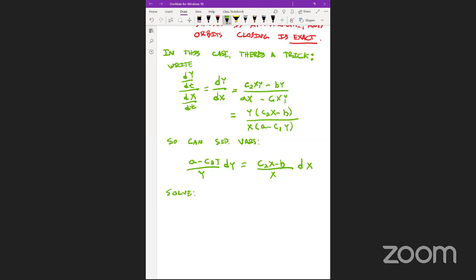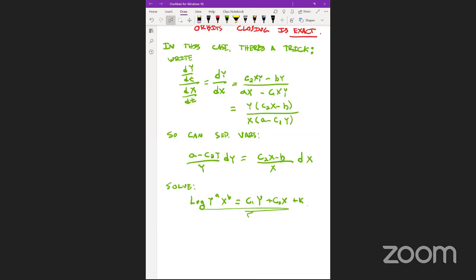And that relation is basically y to the a, x to the b, and let me be consistent here, equals c1y plus c2x plus k. And so from here, you can prove the following.